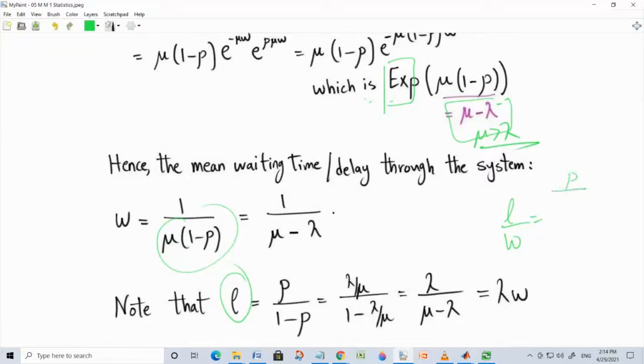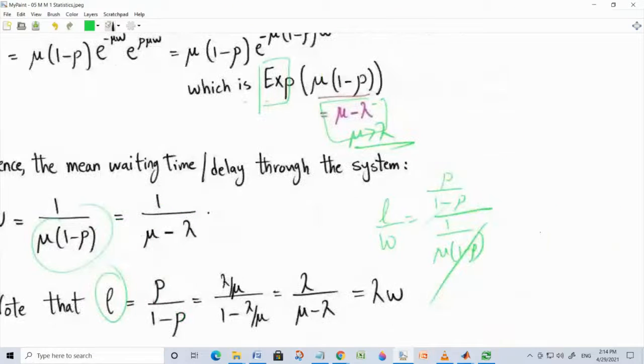So rho over 1 minus rho, and the other one is 1 over mu times 1 minus rho. So 1 minus rho will cancel with 1 minus rho, and rho itself is defined as lambda over mu, and this mu will come upstairs, and so the ratio is lambda. And so the average number in the queue is the average waiting time multiplied by the arrival rate, which is lambda.